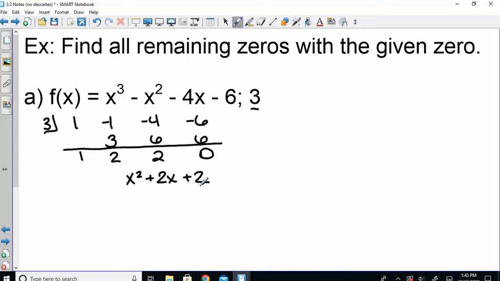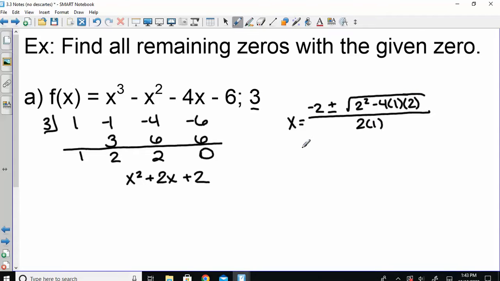If something doesn't factor nicely, how do you solve it? Quadratic formula. Let's do that. So x equals the opposite of b, so -2, plus or minus the square root of b squared minus 4ac, all over 2a.